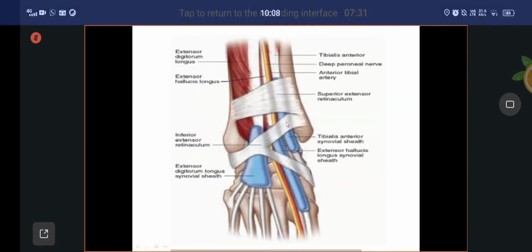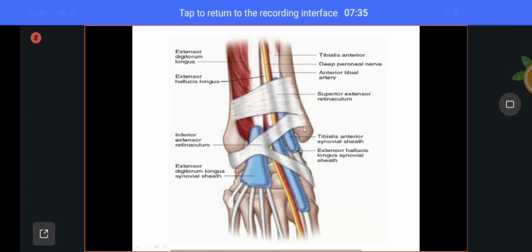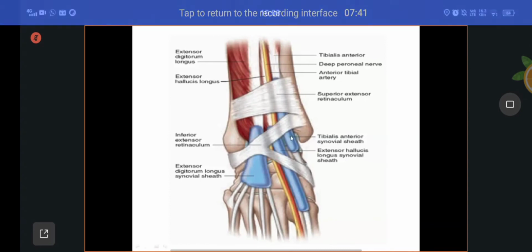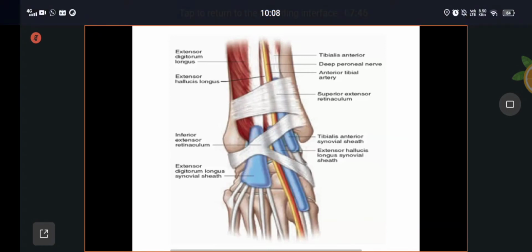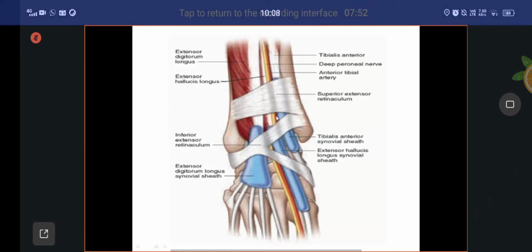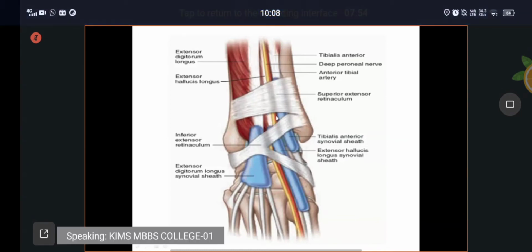The contents of the anterior compartment are structures under cover of the extensor retinaculum, or the anterior relations of the ankle joint. In this picture, you can see from medial to lateral side. This is tibialis anterior. This is extensor hallucis longus tendon.